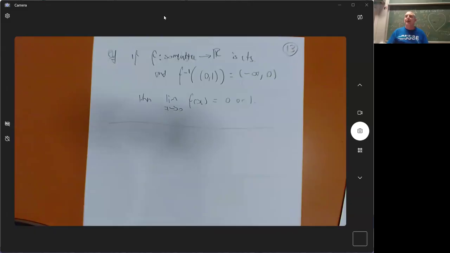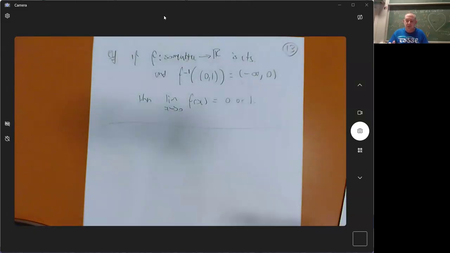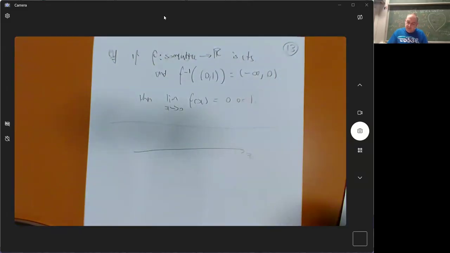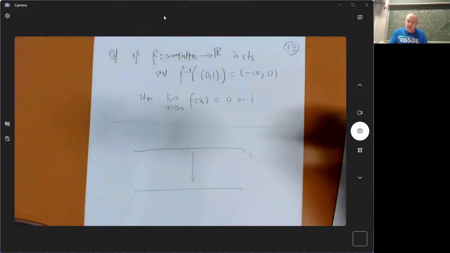Anyway, I'm just going to try to draw a picture of this. Here is the x's, and here is the answers for f of x, and f goes from here to here, and it's continuous.